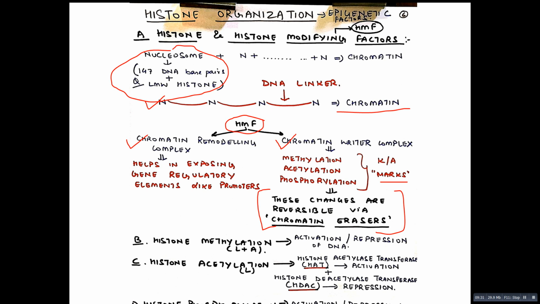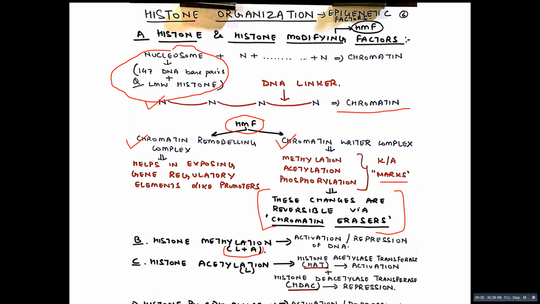So we read about histone and histone modifying factors. After that, we have histone methylation of the residues lysine and arginine. Histone methylation can cause both activation or repression of DNA.